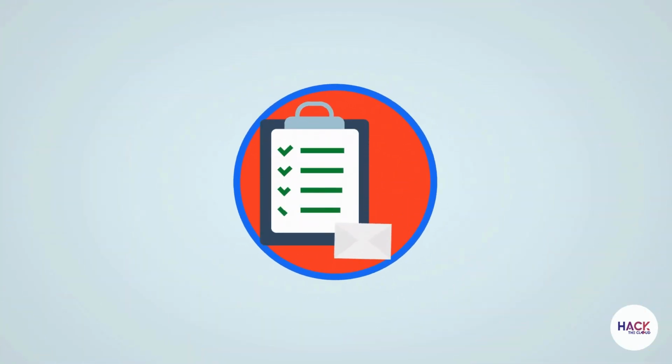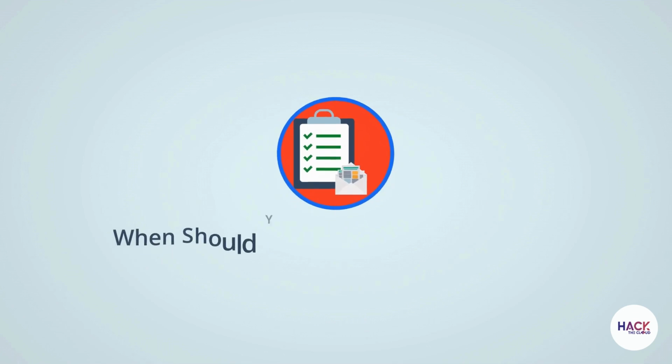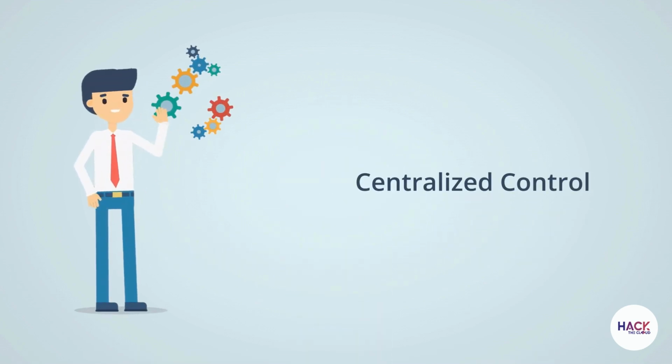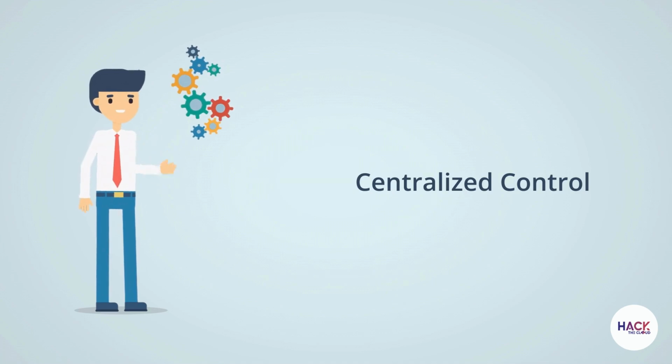Part 3. When should you use Shared VPC versus VPC Peering? So how do you choose between the family plan, Shared VPC, and the friendly neighbor, VPC Peering? Let's break it down. Shared VPC is ideal for large organizations that want centralized control over the network. It's like saying, okay, everyone in this family gets access to the shared resources, but Big Brother here controls everything.